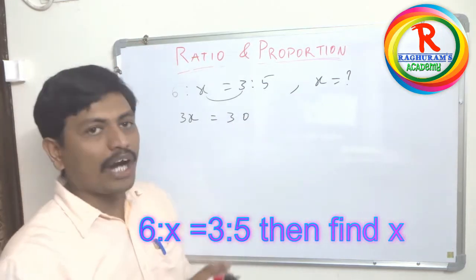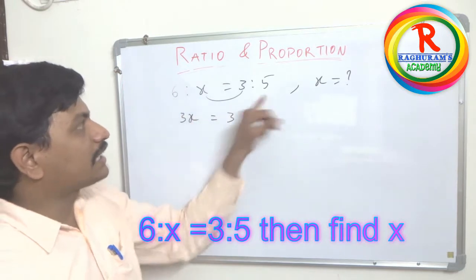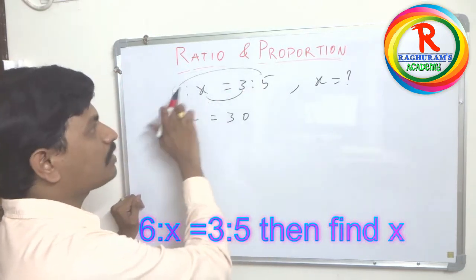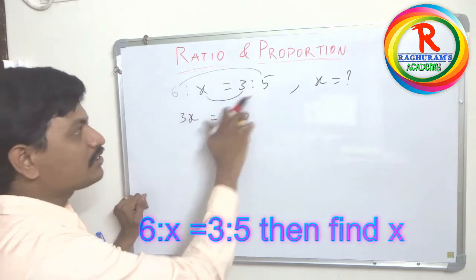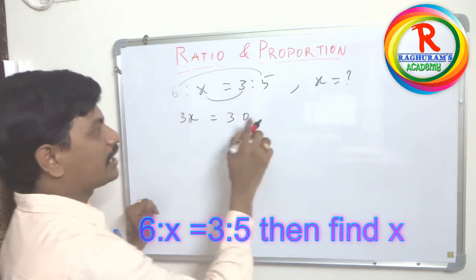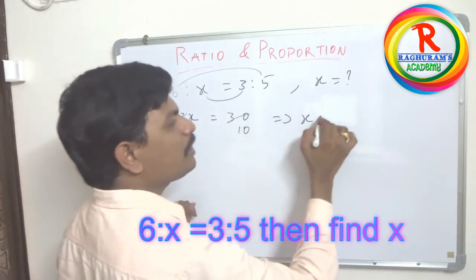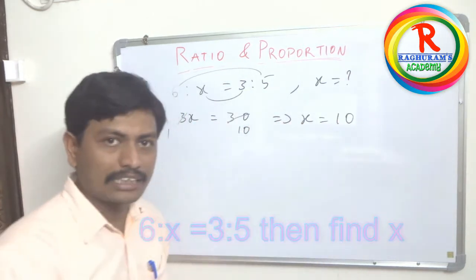Means are the middle two and extremes are the first and last. So 3x is equal to 30. Cancelling, 3 ones are 3, 3 tens are 30. So simply we get x is equal to 10.